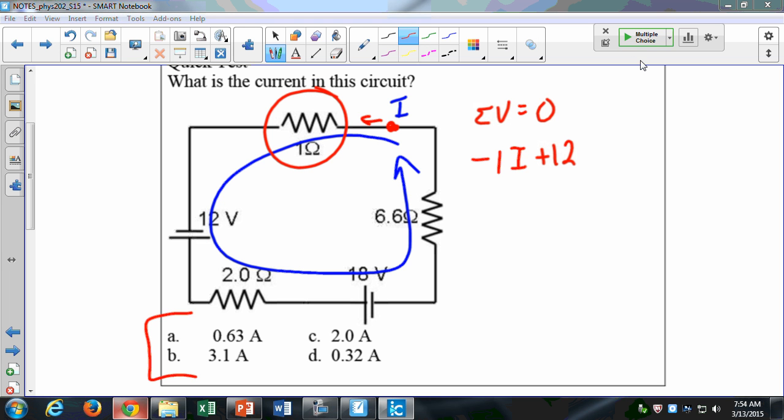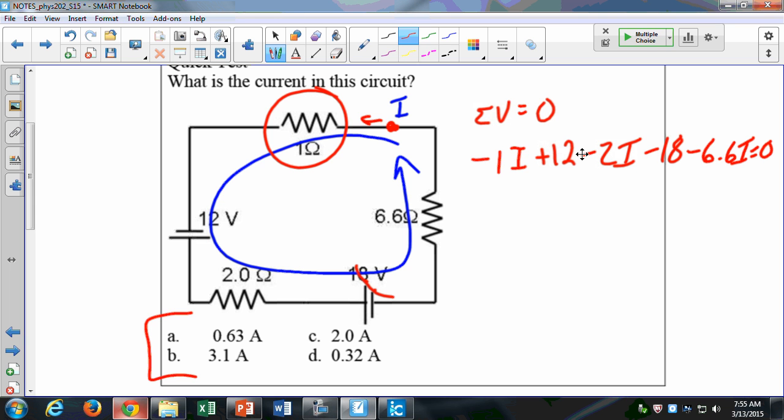Let's see. So I have -I plus 12. What's the next one going to be? The next term? Minus 2i, plus or minus 18? Minus 18, right, because I'm going from high to low there. Electrons are going down, minus 6.6i.